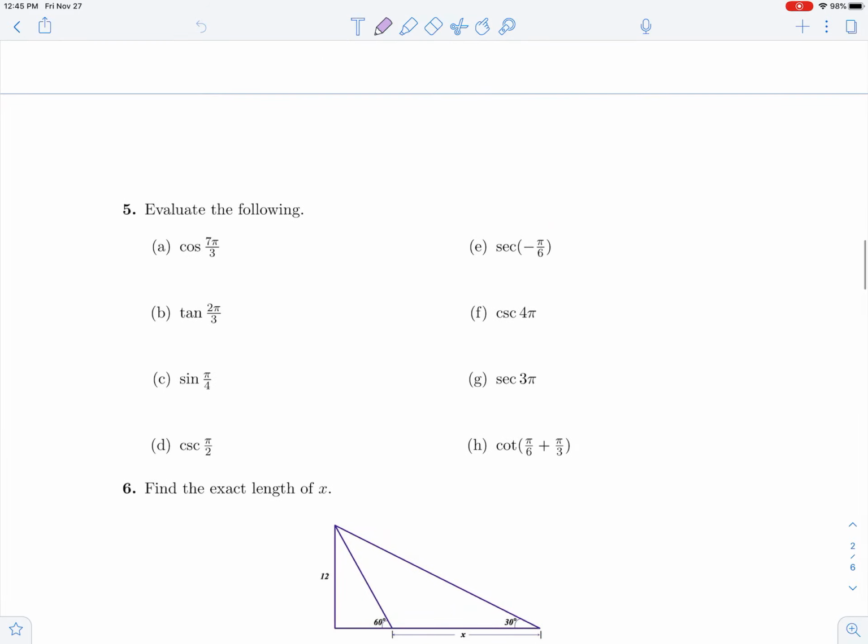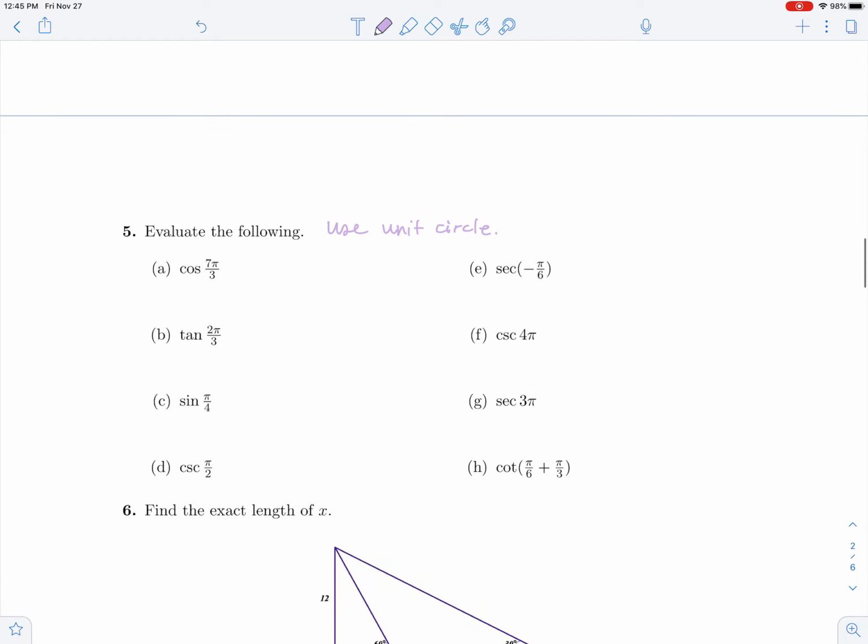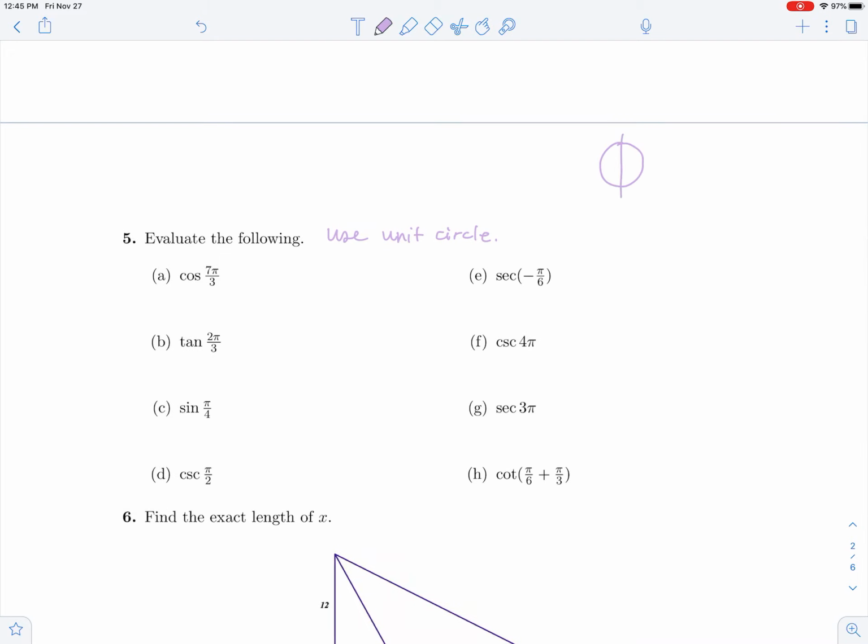To evaluate the following, what you want to do is use the unit circle. And most of you know how to do this. I think we had the unit circle on our first worksheet, but remember we filled it all out. And so what you want to do for any of these is you think of 7/3 pi and you go to where that is.